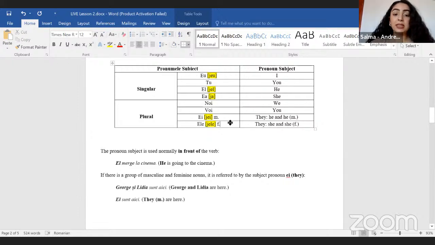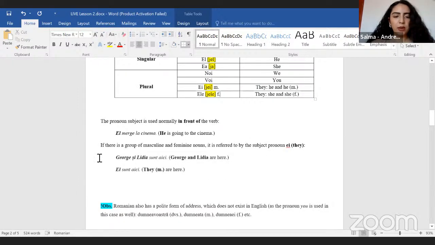We make this distinction because, as we will see in the other lessons, in Romanian we have three genders: masculine, feminine, and neuter. So ei, ele, both of them are translated with they, but they are differentiated based on gender.